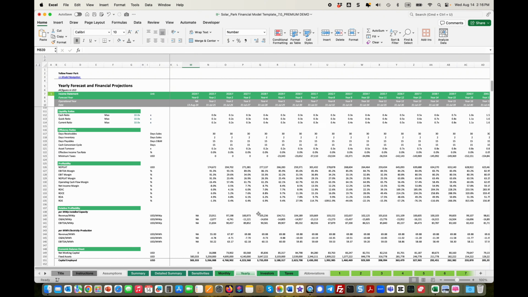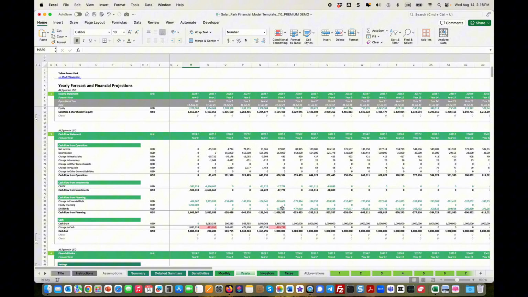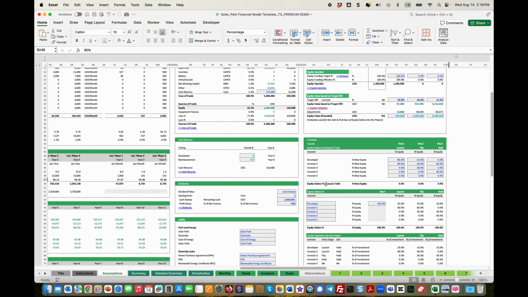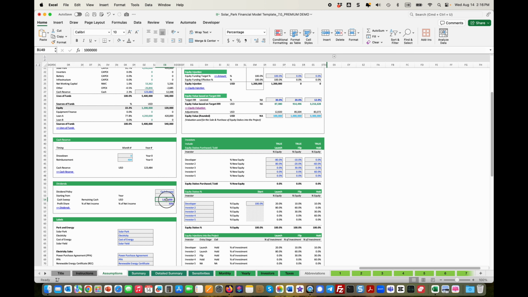Let's have a look at the cash flow statement, and this is what's happening. So the cash here goes up, and then here it stays the same, because everything above this threshold we are distributing as dividends as per our dividend assumptions here. That's a cash sweep assumption starting as of year 5.